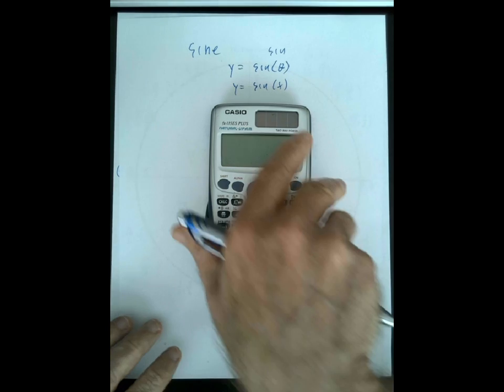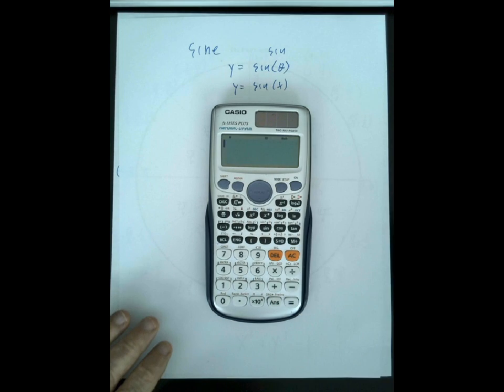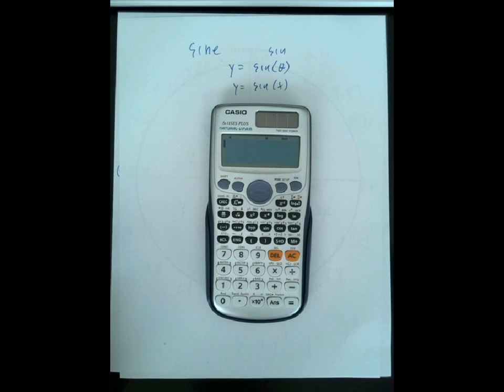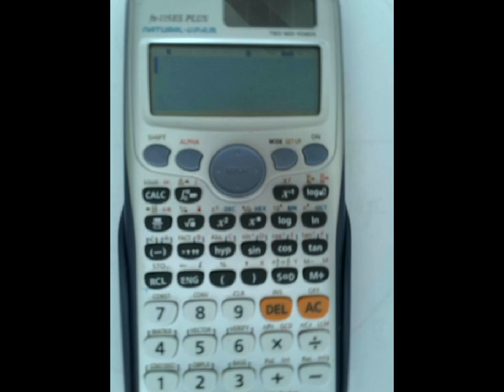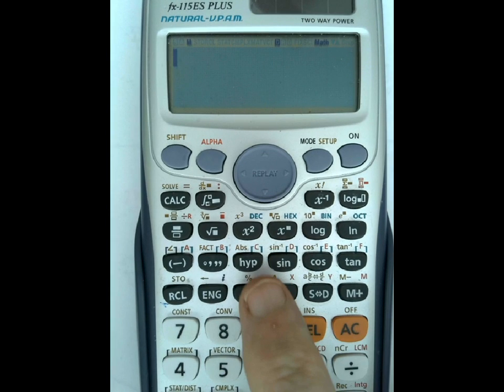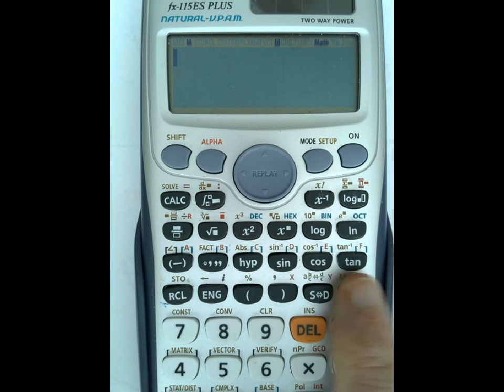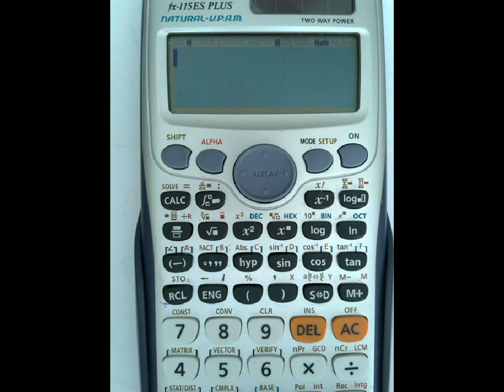All right. So on the calculator here, I'll zoom in down here for a second. You can see here's a sine button, a cosine button, and a tangent button. Those are the abbreviations, right? Mine's set on degrees, and I can type a number in.